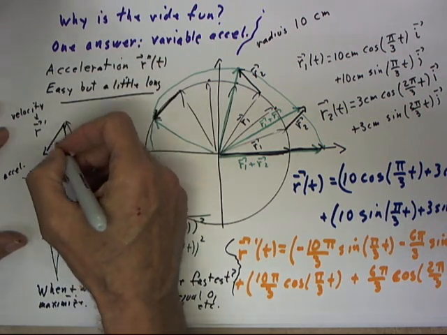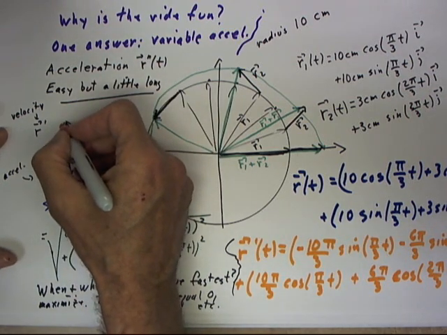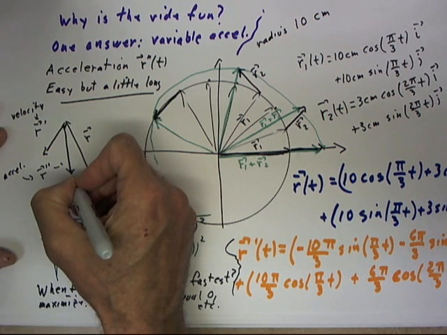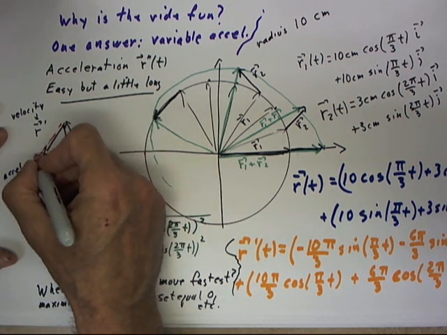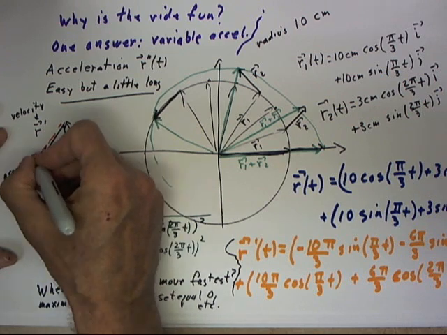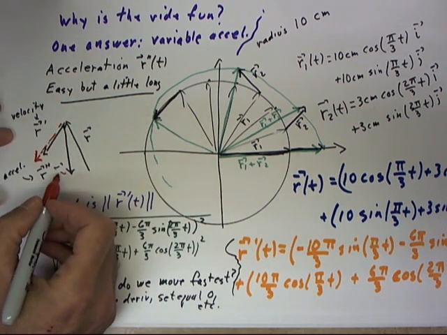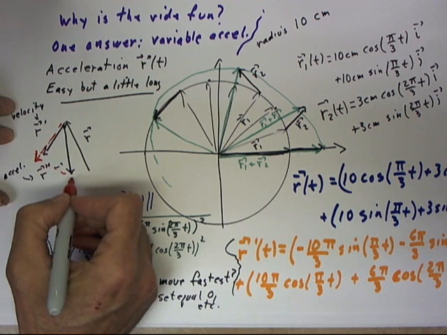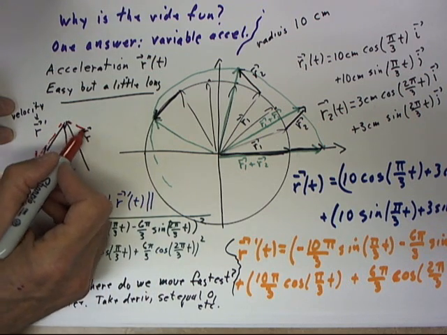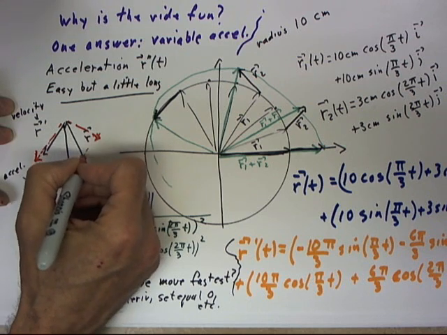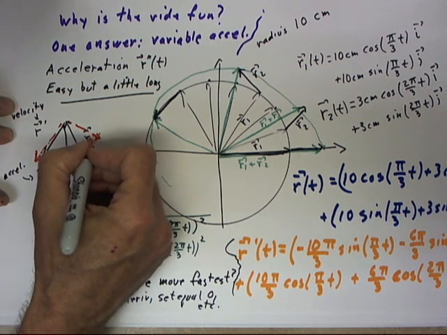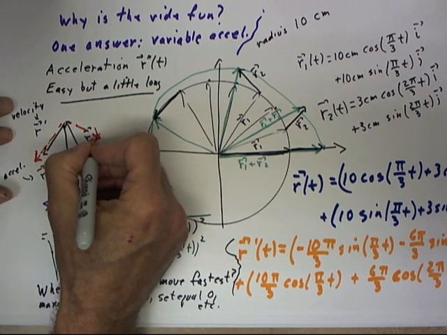Analyzing it mathematically might not be that much fun, but if we project this vector onto this vector, we get a vector projection here. And if we subtract this projection from the original vector, we get a vector perpendicular, which is also a projection in the perpendicular direction.